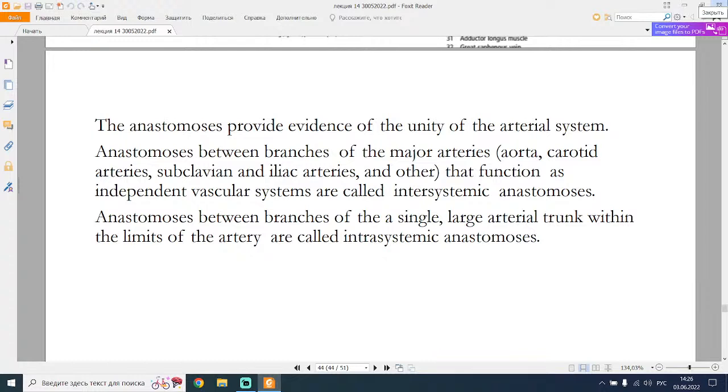Anastomoses between branches of the major arteries, aorta, carotid arteries, subclavian and iliac arteries, and others, that function as independent vascular systems are called intersystemic anastomoses. Anastomoses between branches of a single large arterial trunk within the limits of the artery are called intrasystemic anastomoses.